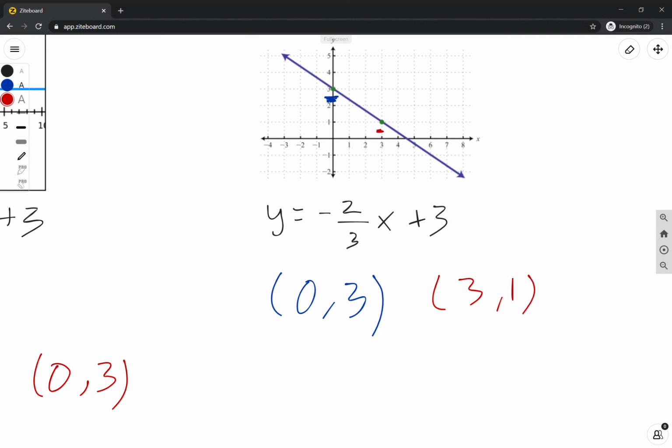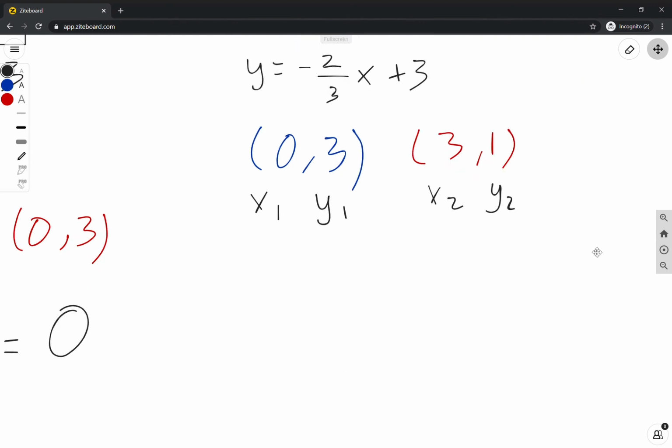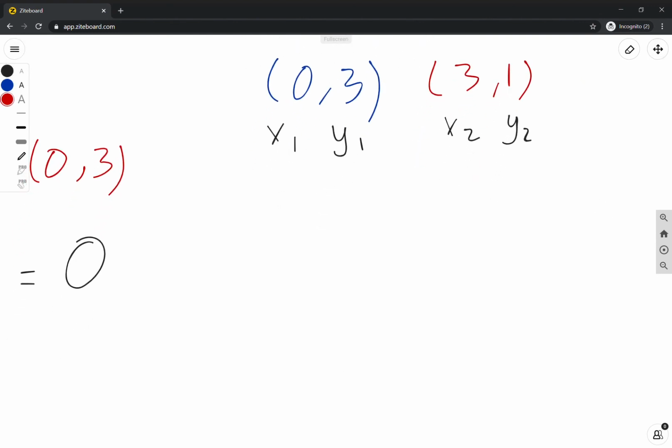So let's assign the values x1, y1, x2, y2, and now plug it into the equation. I'll just enter the equation one more time: y2 minus y1 over x2 minus x1.